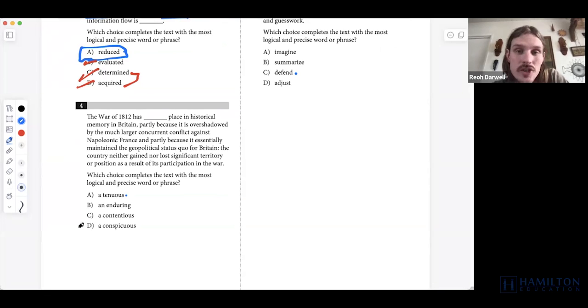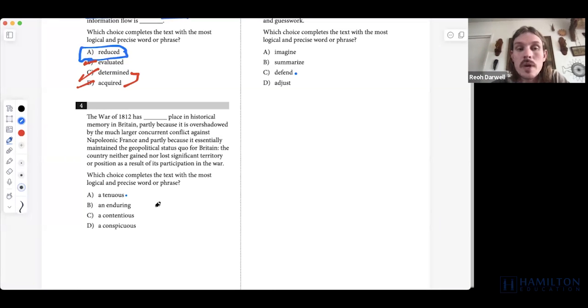Tenuous, contentious, conspicuous. These are all words that we maybe have a vague understanding of, but we don't know them too deeply. These are all words that are certainly in vocab lists that you have access to and that you need to study, right? If you're missing a question like 4, it's because you don't know enough vocab, because this is really clear once we know what these words mean.